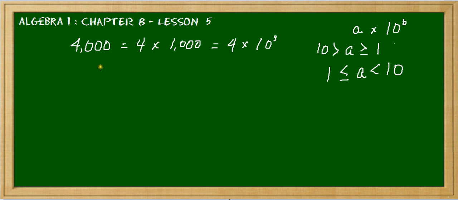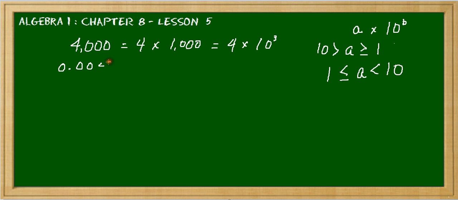Now, we can also see that 1,000 has 3 zeros, and in this particular case, we've talked about thousands and millions and billions. You simply count the zeros, and you know exactly the exponent in terms of its power of 10. Now, let's take a look at 0.004.